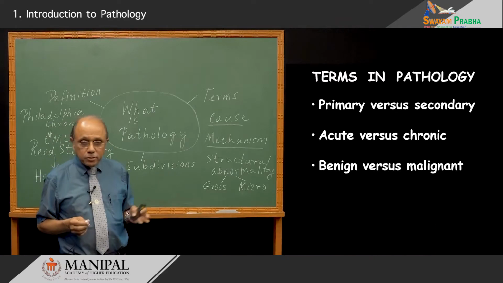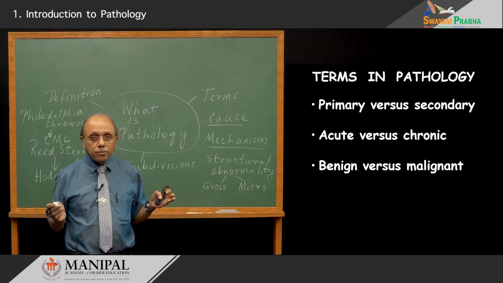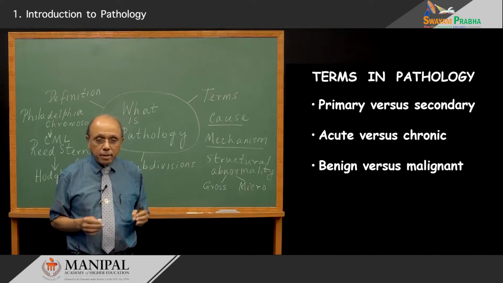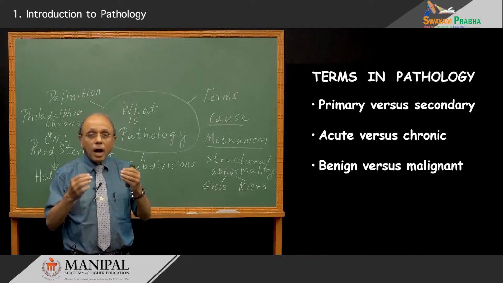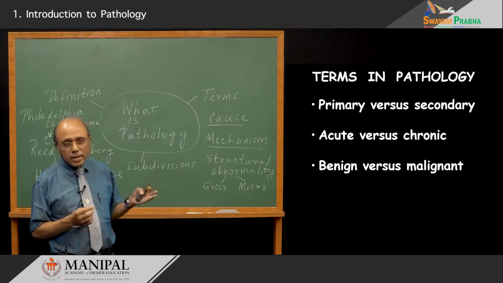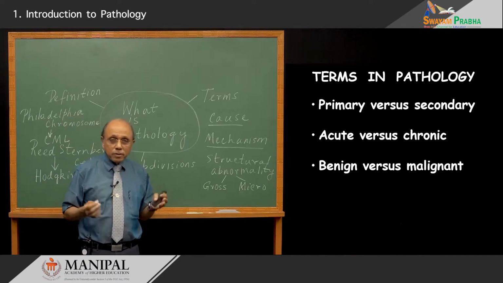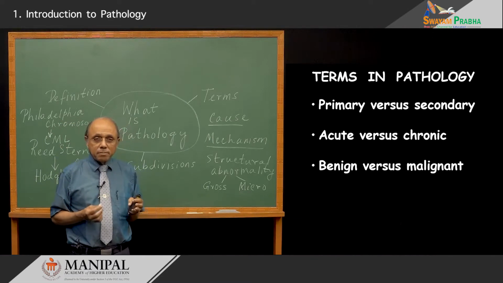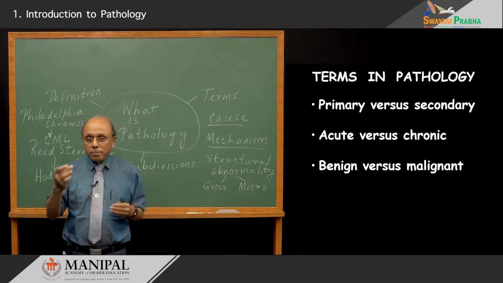We often use these two words benign and malignant in the context of tumors again. Benign tumor is harmless tumor, malignant tumor is tumors which can cause harm. One of the first concerns for any patient is when a tumor is diagnosed, the first question that will be asked of a doctor is, is it benign or malignant?